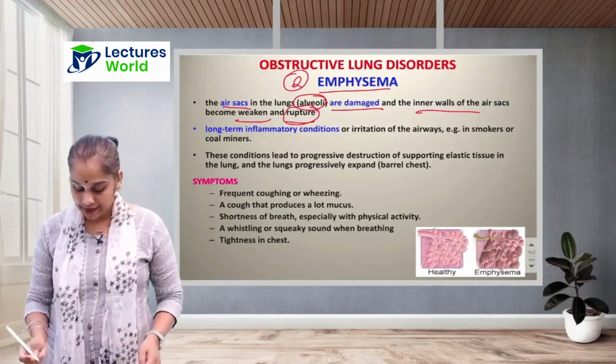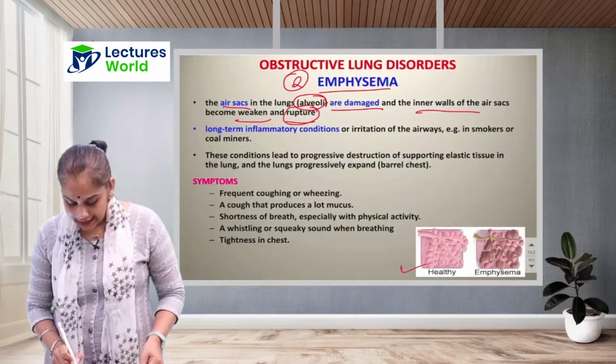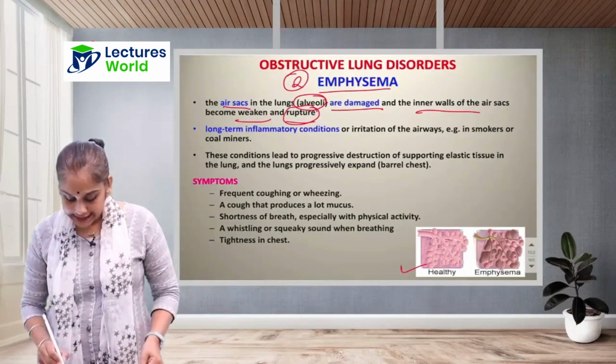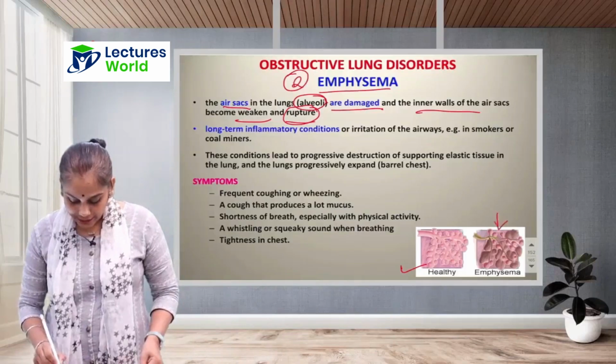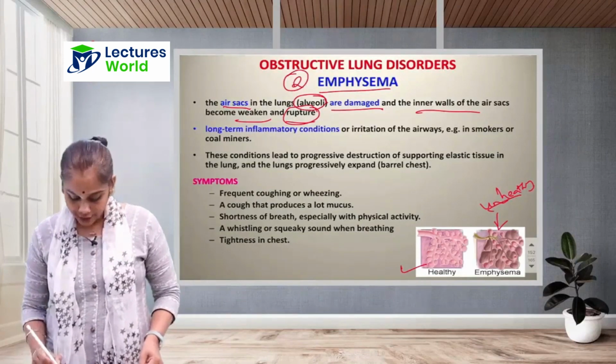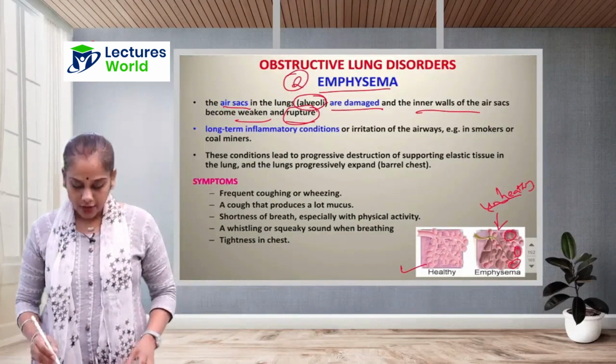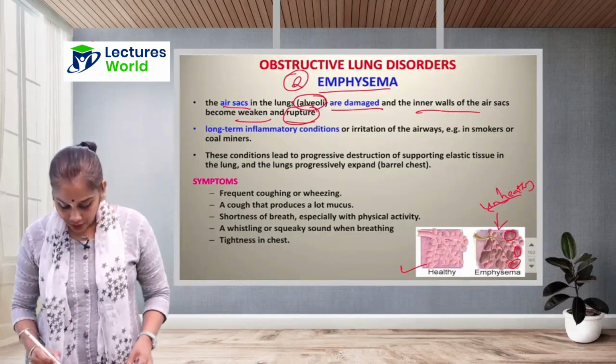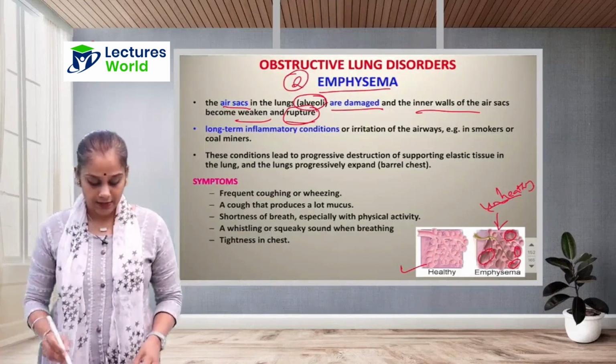You can see in the figure this is a healthy alveolus and this is an emphysema patient's alveolus. You can see the rupture of the alveoli, or weakened wall of the alveoli.